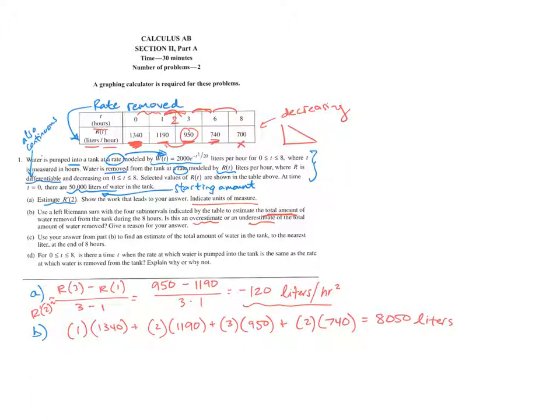And since I did a left sum on a decreasing function, it's an overestimate. The reason is because the function is decreasing, because R of t is decreasing.